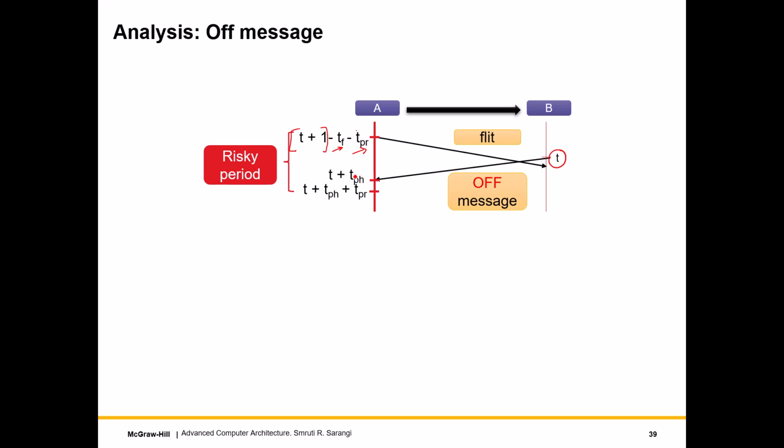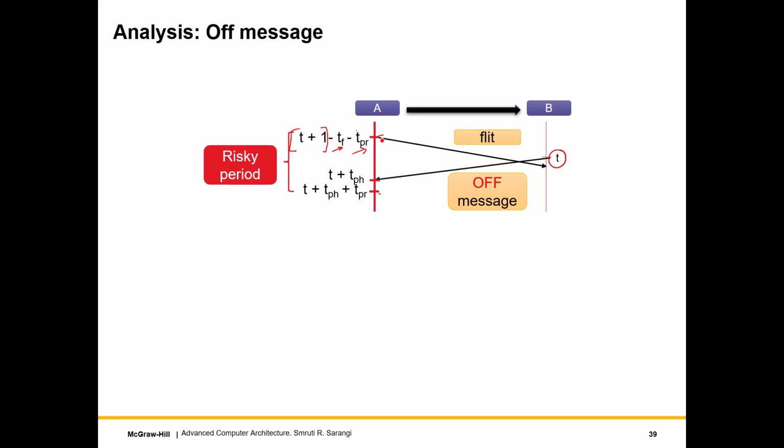So essentially there is a risky period, right? The risky period is between this point and this point, when the sender, which is A in this case, does not know that B does not need a message, but it will just keep sending.